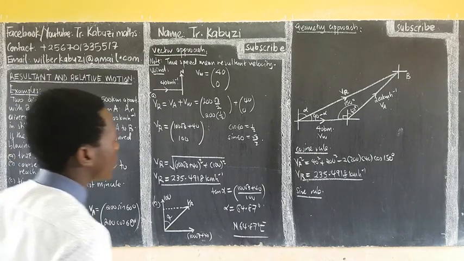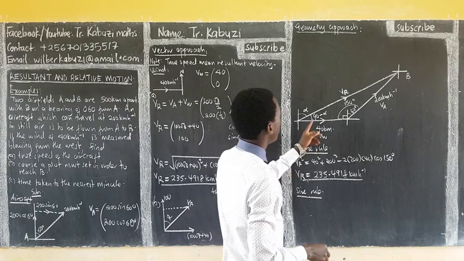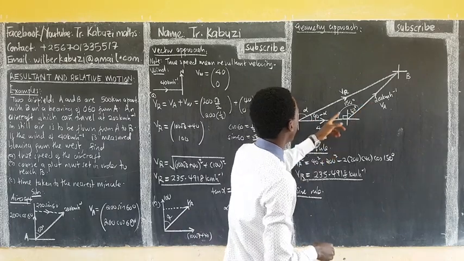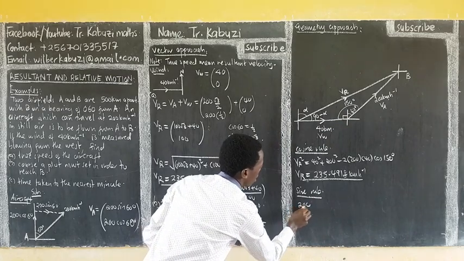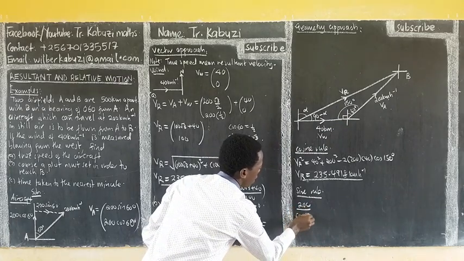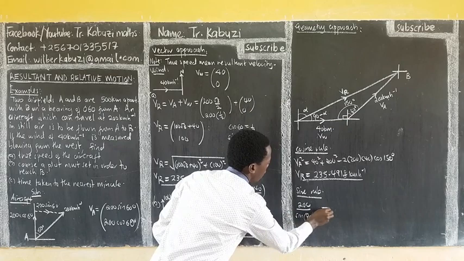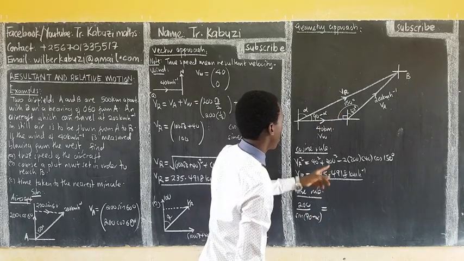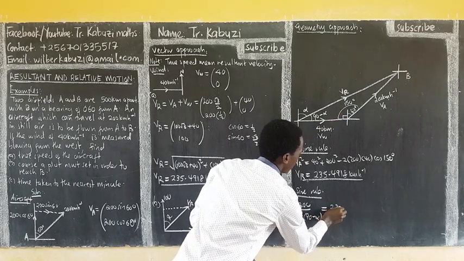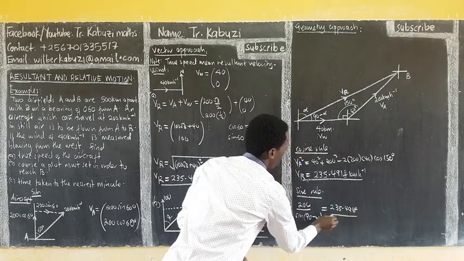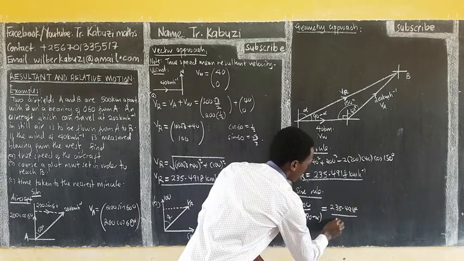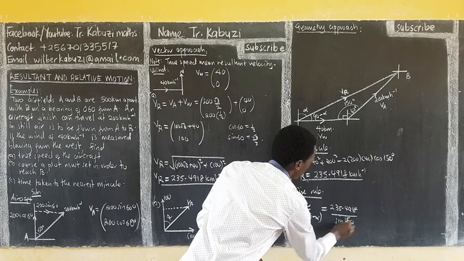Okay, so using the sine rule, this is the opposite angle. So we are going to be having 200 over sine of 90 minus alpha equal to this VR, which is 235.4918, over sine of the angle opposite.